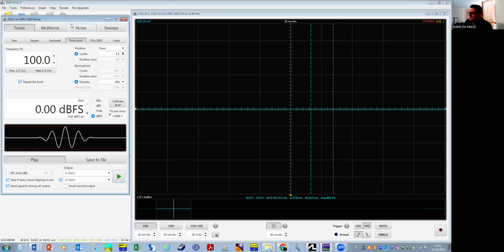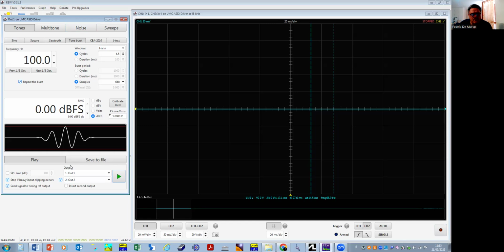In this case, REW uses the second channel, the reference, as a time reference, and I'm using a loopback for this. Okay, so the usual setup that you use with all other software in real time, like Smaart, OpenSoundMeter, CrossLite, etc.